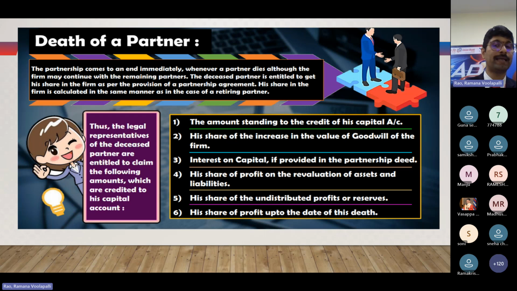So profits have to be calculated till the date of his death and shared accordingly to the deceased partner's account.